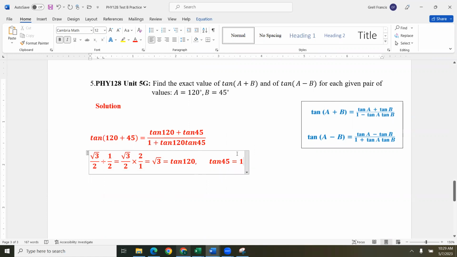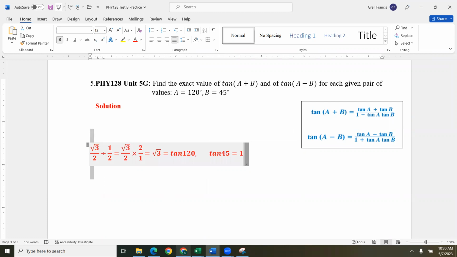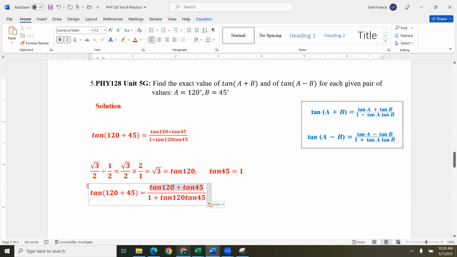So I'm ready to substitute now into this trig identity. So tan of 120, we know is root 3.